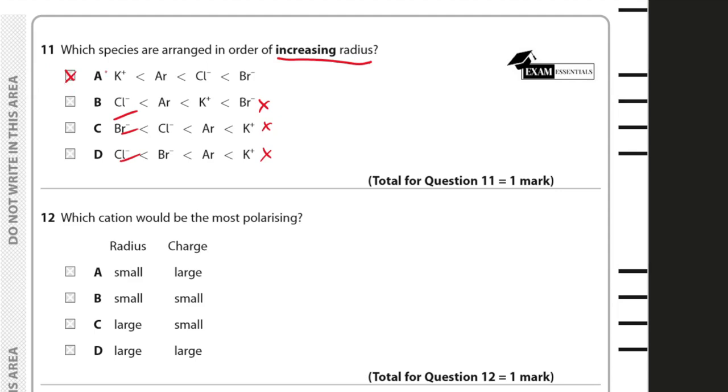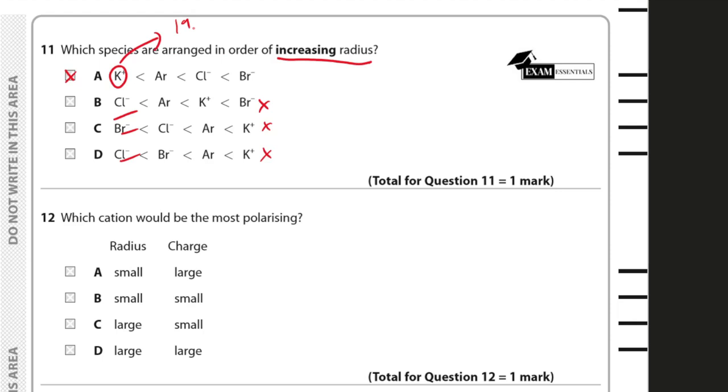Because if you see down here, we can clearly see K plus, which basically means an electron has been lost. If an electron is lost, that means the radius is decreasing, so it's going to have the lowest radius among the four of them, and it also has the highest number of protons among these elements, which is 19. So that's another point which explains why K plus has the lowest radius.